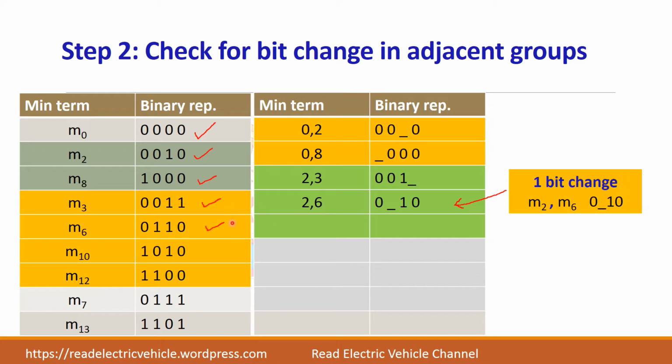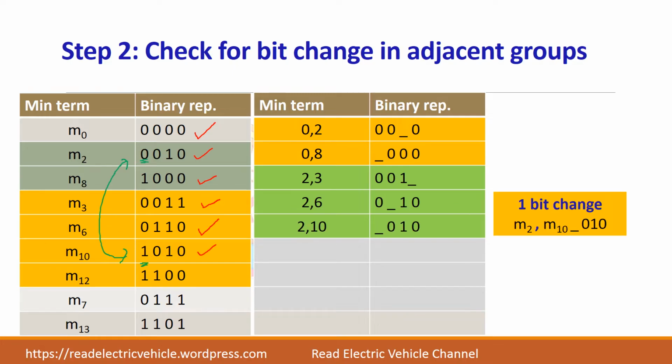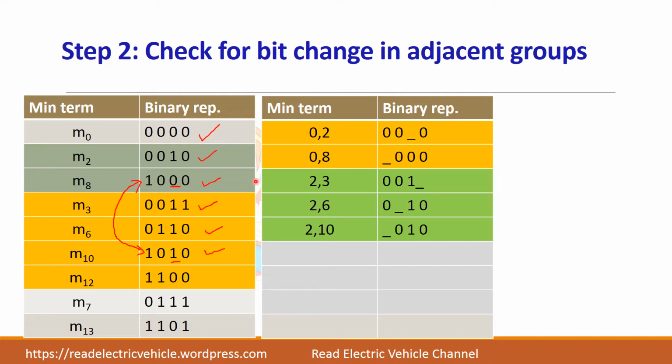Okay. Next, M2 and M10 also one bit change is there. So you compare this one and mark it here, 2 comma 10, that also you mark it here and put a tick mark. Next, if you see M2 and M12, there is no possibility for one bit change, so you can leave it.